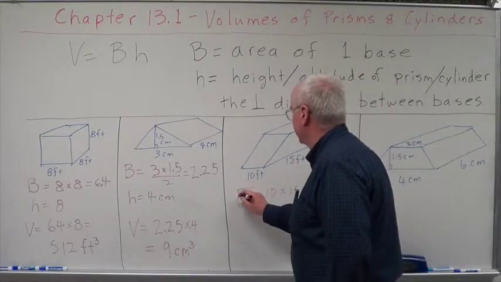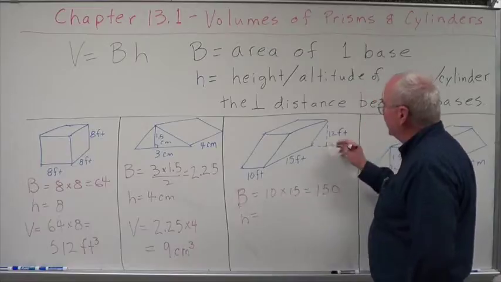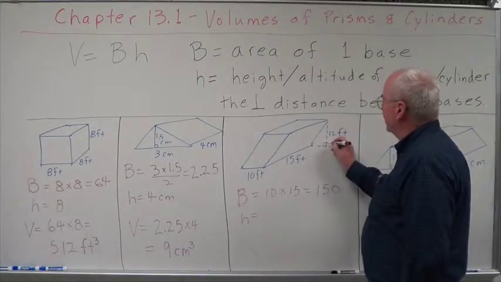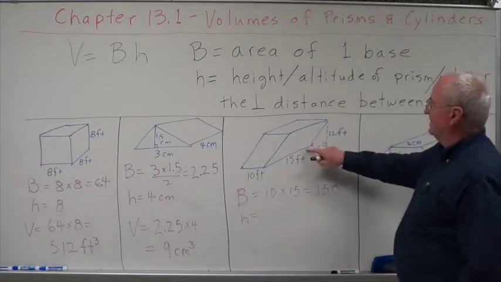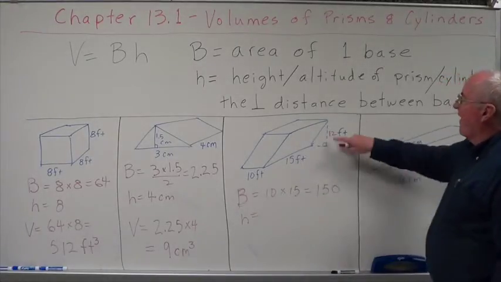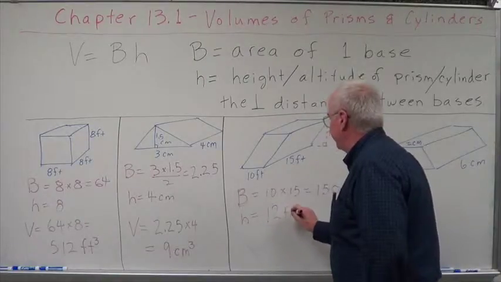Okay? All right? Height is the perpendicular. Notice we're looking at perpendicular distance between the two bases. Pick this as the base, that means the top is the base. Perpendicular distance between those two is 12 feet.